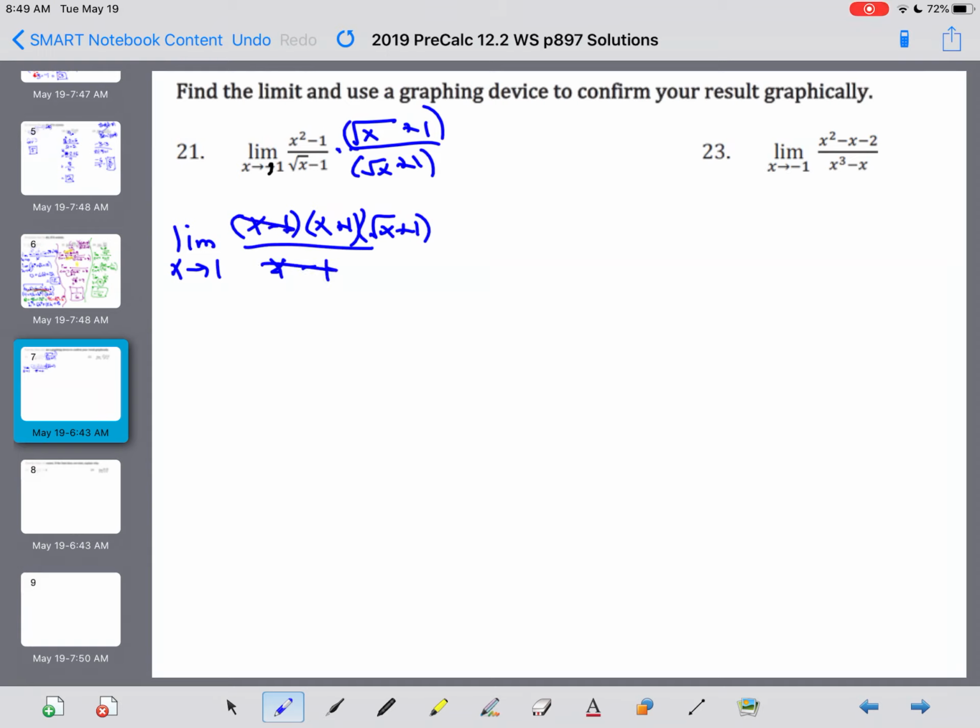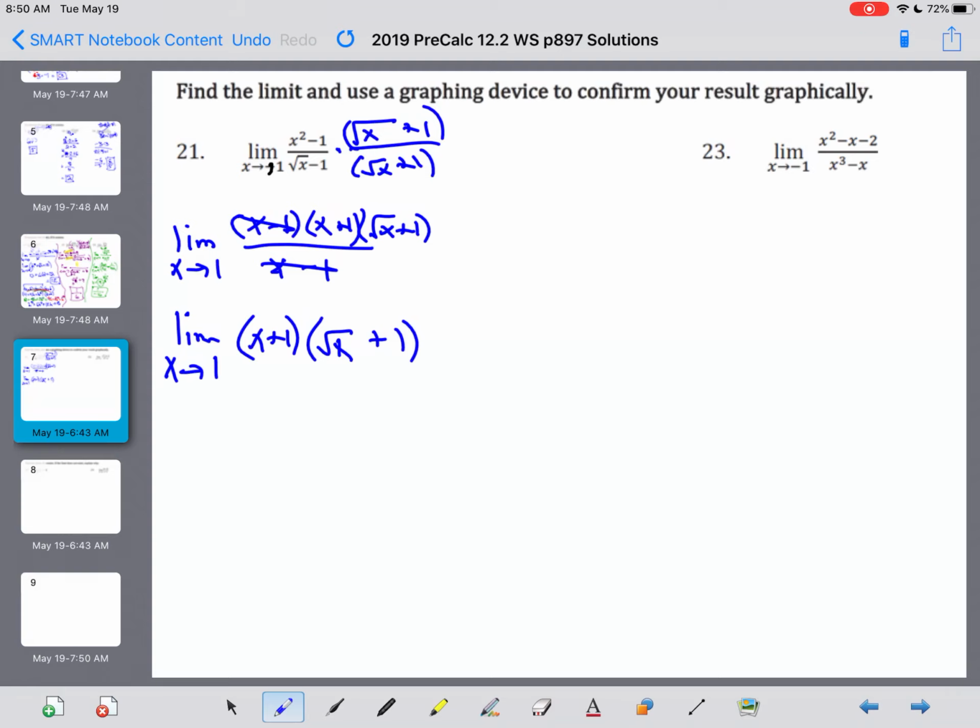and now that means I have this thing going on. So now I have the limit as x approaches 1, 1 in the denominator, so I don't have to list it. So I have x plus 1 and the square root of x followed by integer 1. So now I'm ready to just plug in using our special limits there.